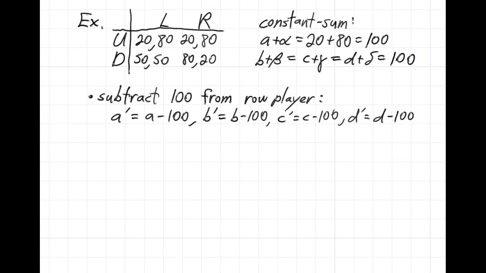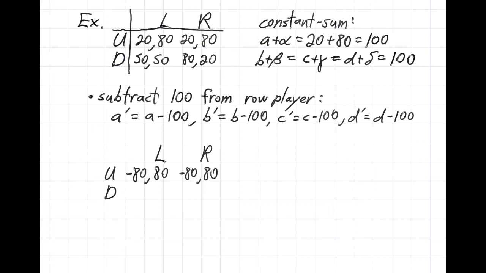Then our new payoff matrix will be, the first element will be 20 minus 100, which is minus 80. And the second payoff in that box is still what it was before, 80. Moving to the right, we started with a 20, we subtract off 100, and we have again minus 80 and 80.